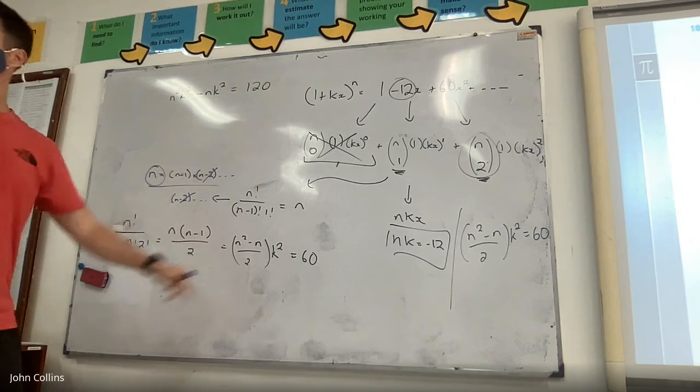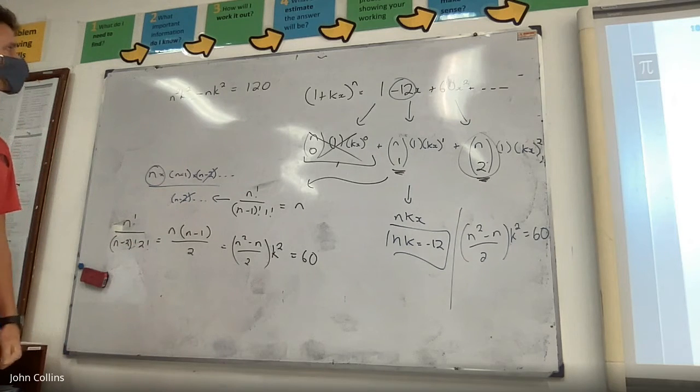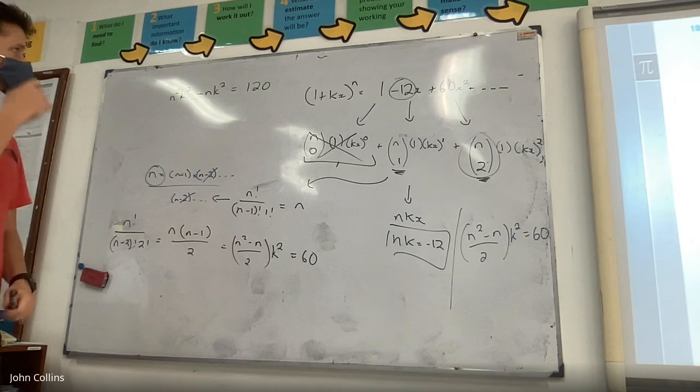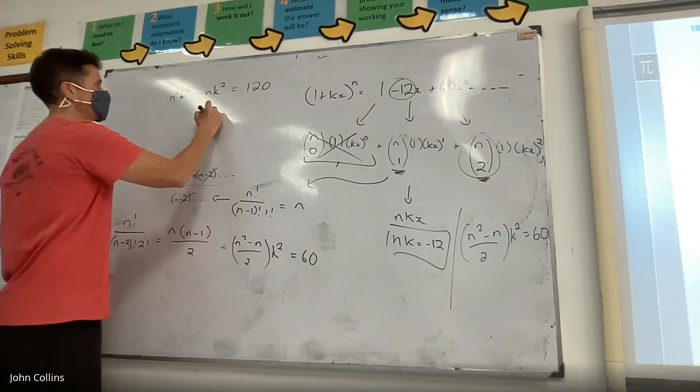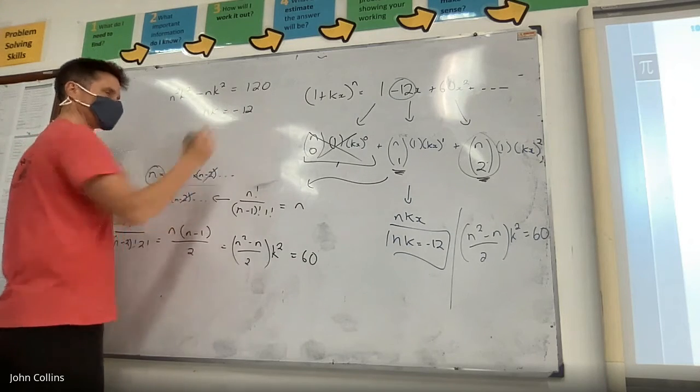Multiply both sides by 2 to get rid of the division by 2. Okay. And my other one is just nk equals minus 12.